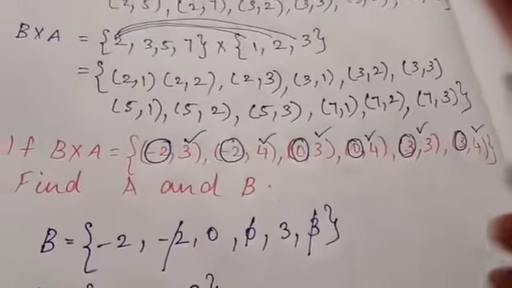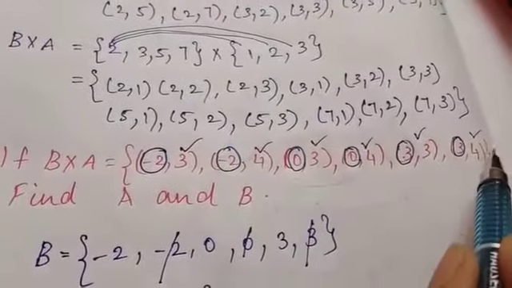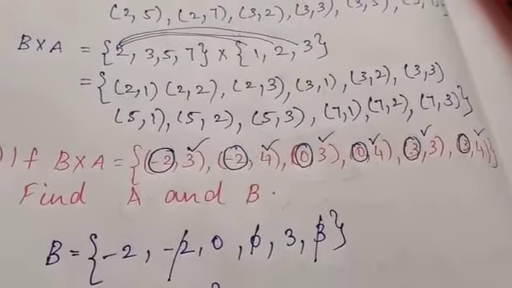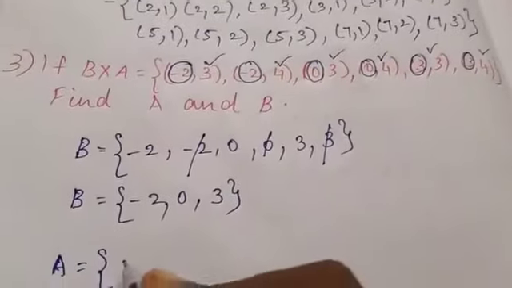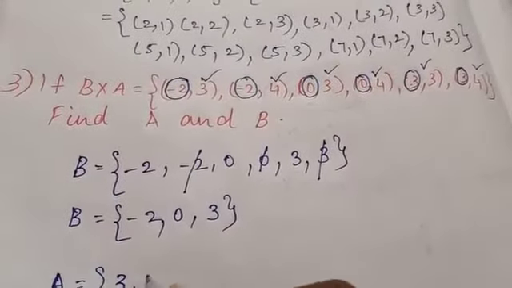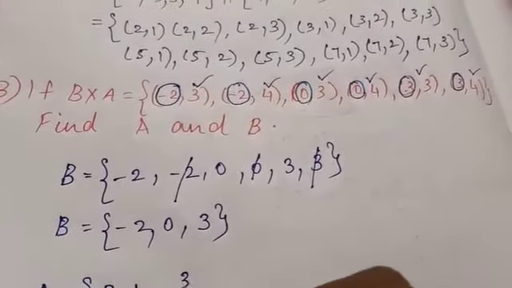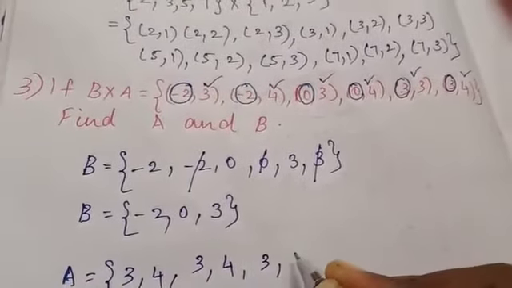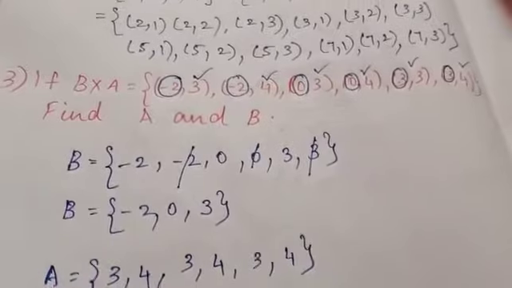So the elements of A are 3, 4, 3, 4, 3, 4.